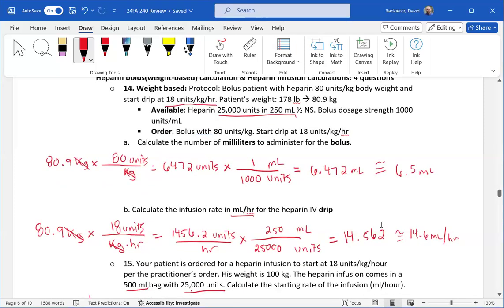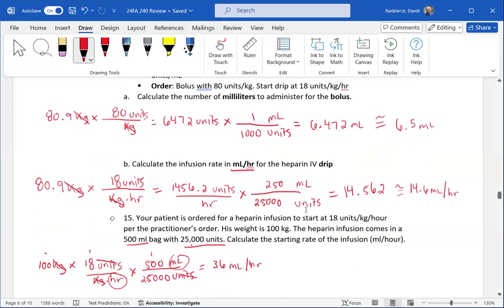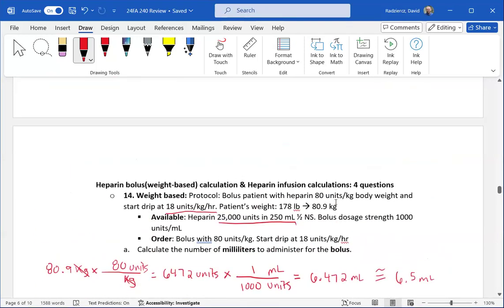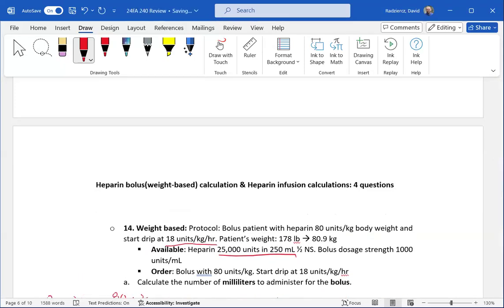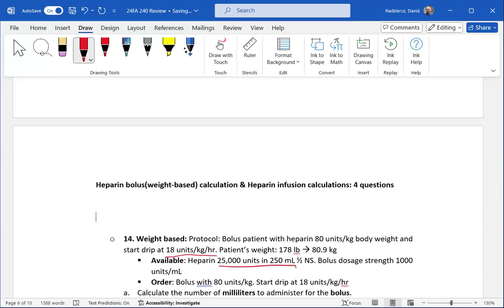You have to calculate a bolus and you have to calculate an infusion. So it should be the same as what you did previously, but I'm going to give you a different scenario here and see what we get.